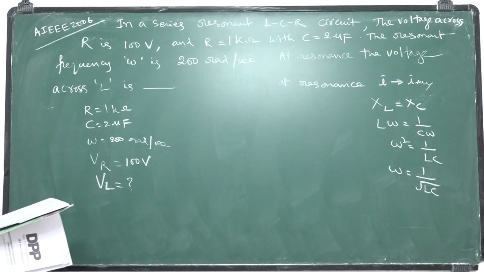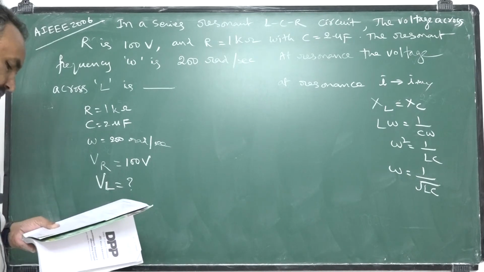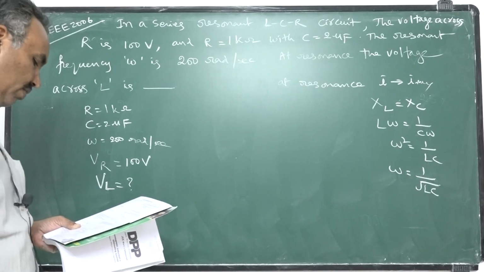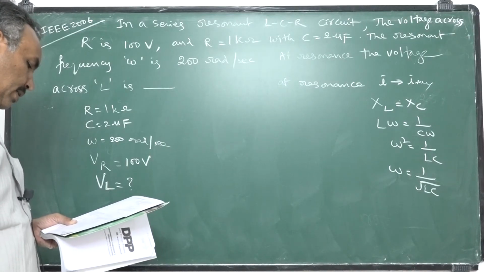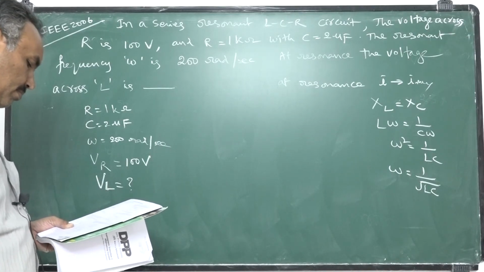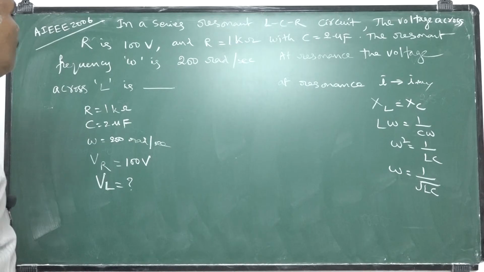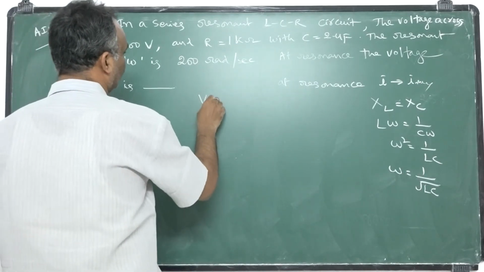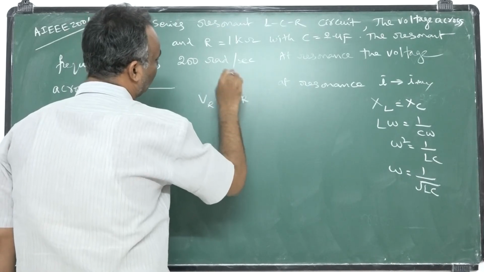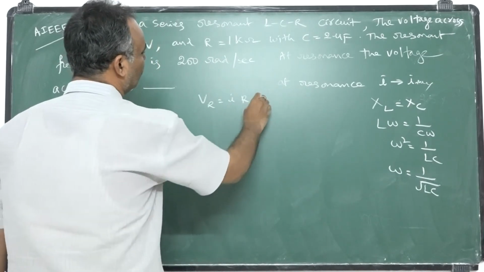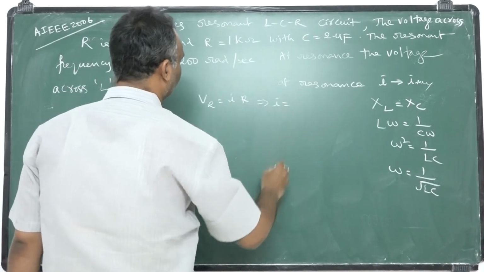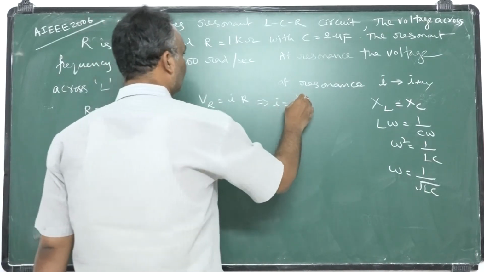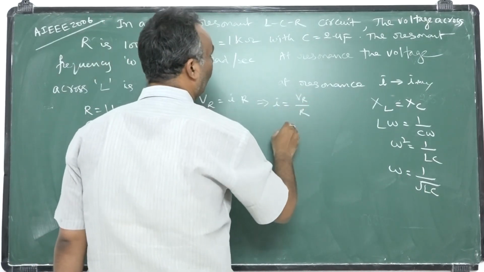So you can solve this question very easily. You know that voltage across resistor is current passing through the circuit into resistance. Then current in the circuit is voltage across resistor by resistance value.